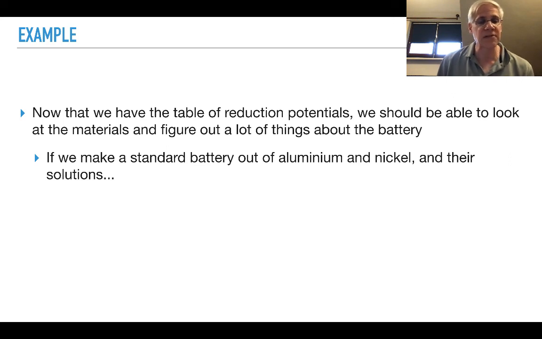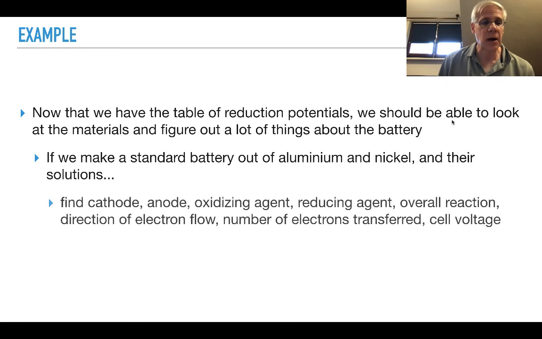If we were to make a standard battery out of aluminum and nickel and the appropriate aluminum and nickel solutions, we should be able to find the cathode, the anode, the oxidizing agent, the reducing agent, the overall reaction, the direction of electron flow, the number of electrons transferred, and the cell voltage. The number of electrons transferred is just the number of electrons that you have to get when balancing the reaction. So how many electrons did you need to get for that lowest common multiple?